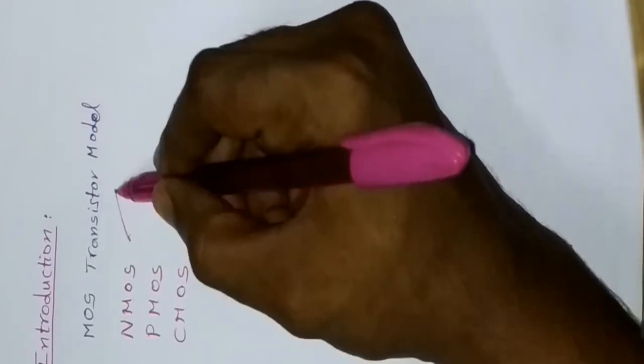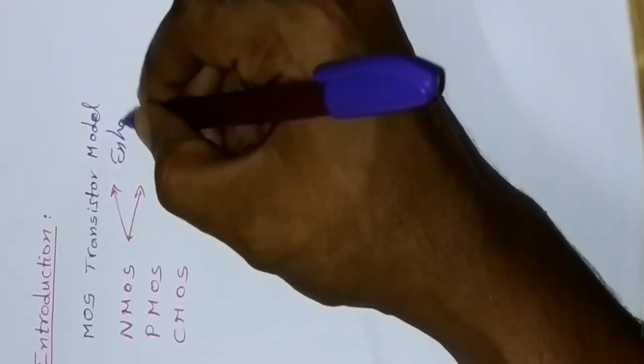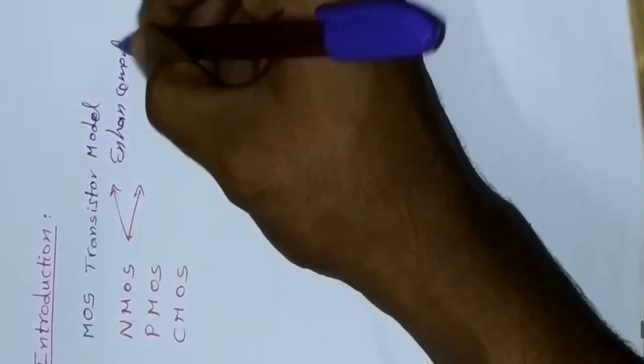Now coming to this, the Nmos transistor is again classified into two types, and those are enhancement mode Nmos transistor and depletion mode Nmos transistor.